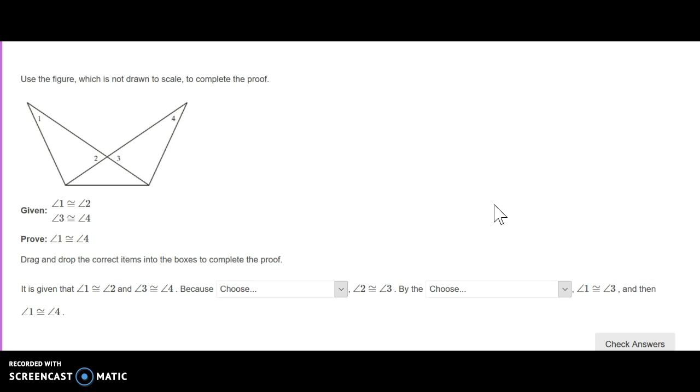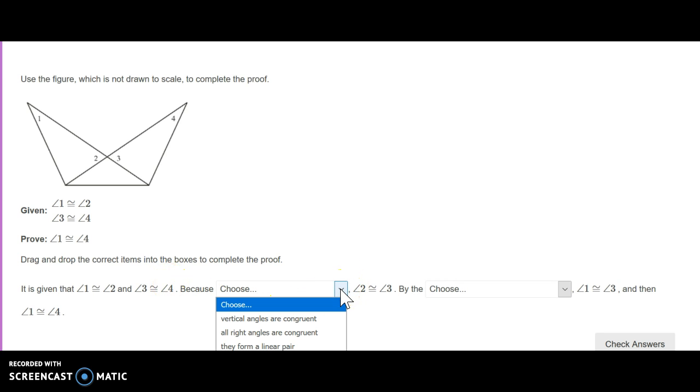We are given that angle 1 is congruent to angle 2 and angle 3 is congruent to angle 4. So angle 1 and 2 are congruent and angle 3 and 4 are congruent. All right, so they state our given here.